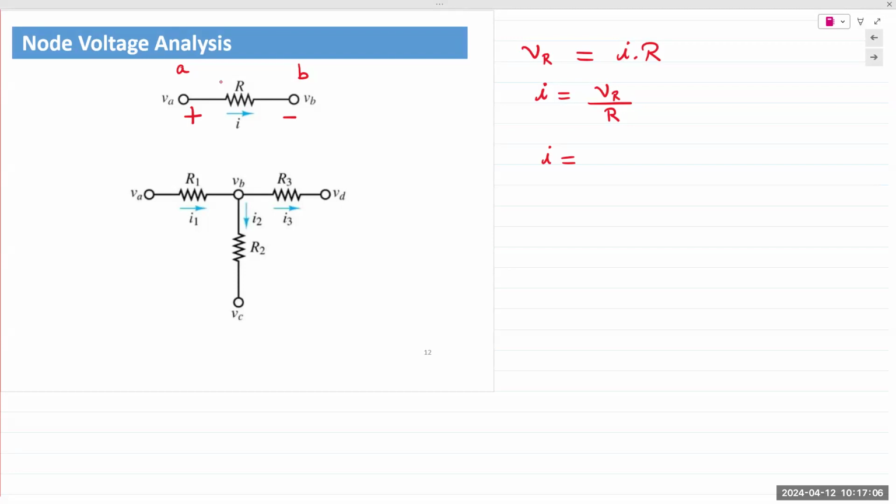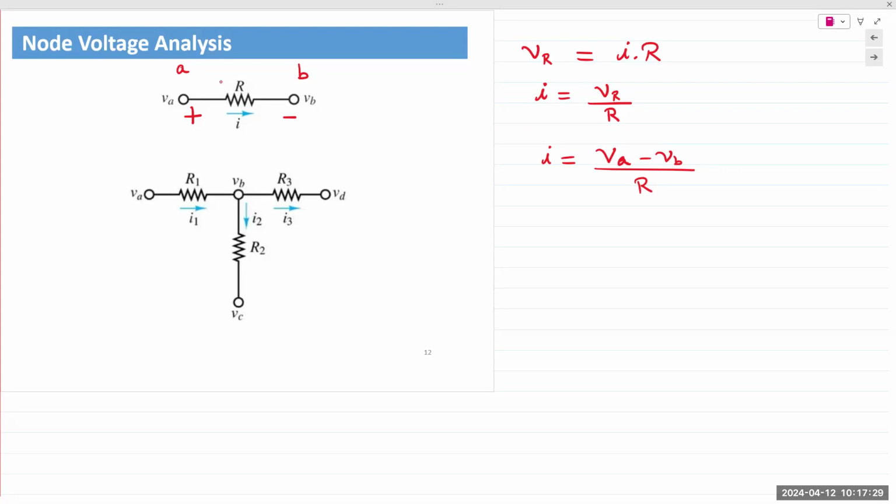Difference means minus, yes. So it'd be VA minus VB divided by R. And now we have expressed the current in terms of the node voltages.